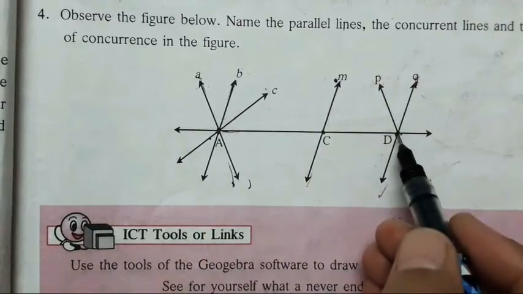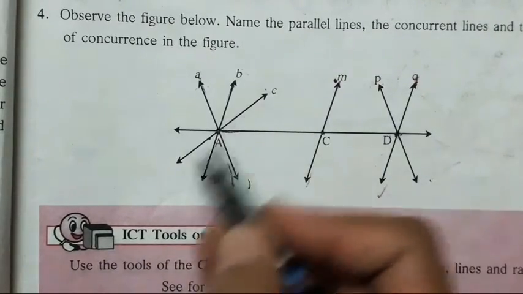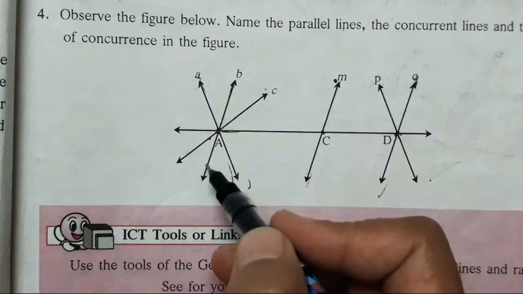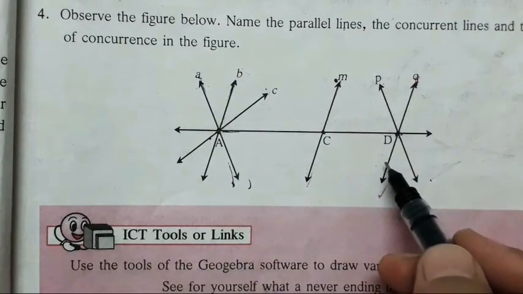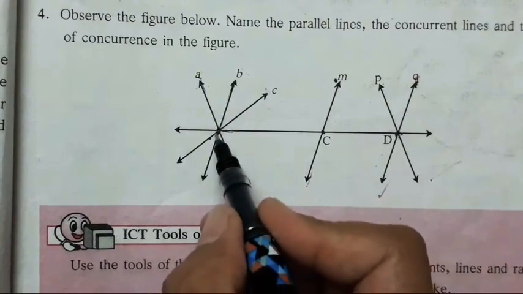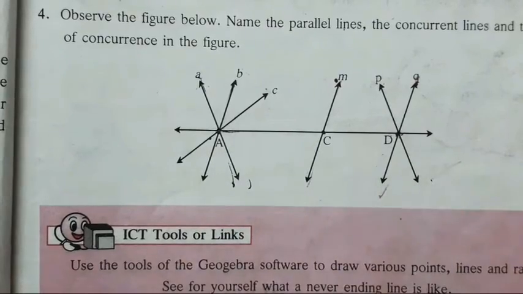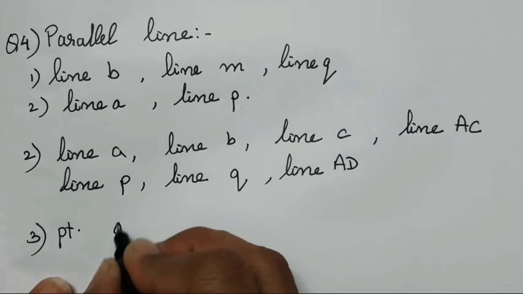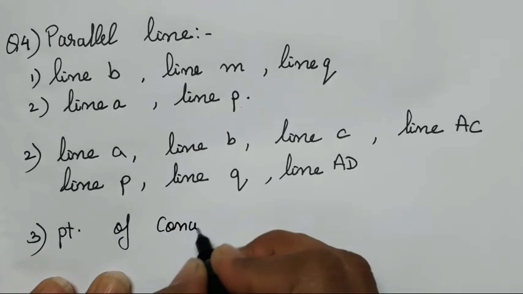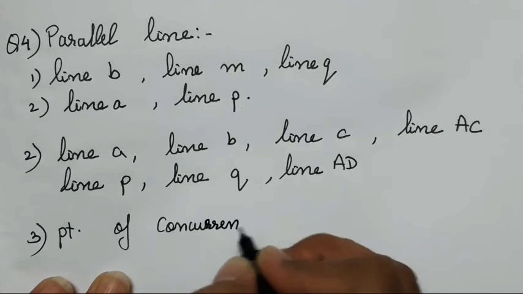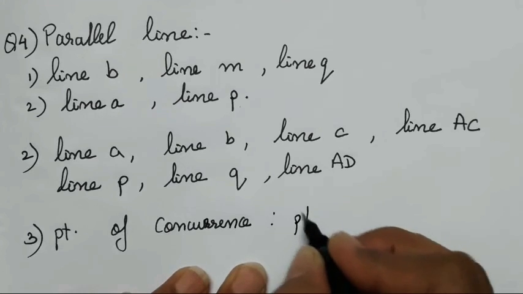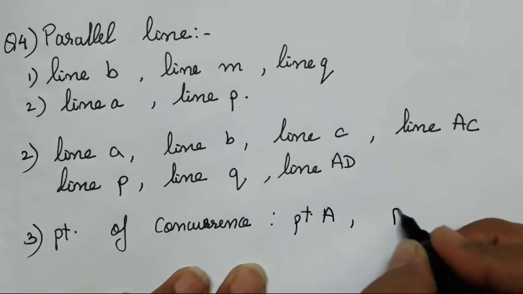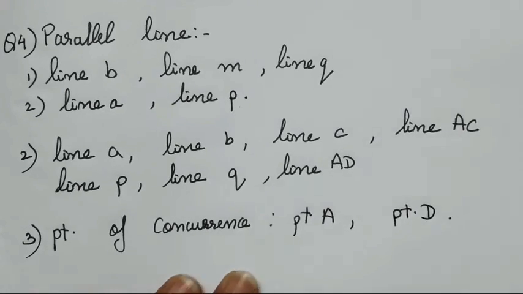A and D. Because here 3 figures are crossing each other, and here 2 lines are crossing each other. That means this point is supposed to be the point of congruence. So point of congruence, point A and point D.